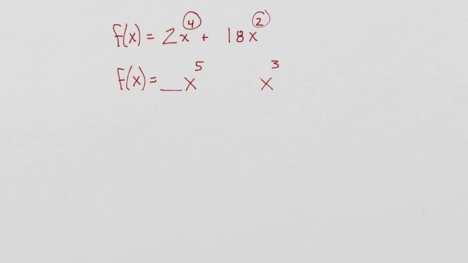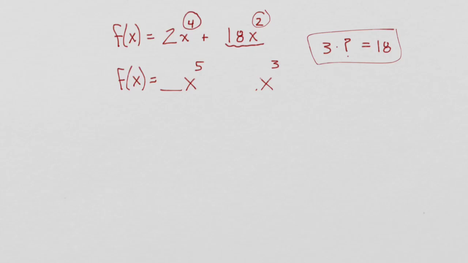And now I deal with these coefficients, and let's start with this one because this is a little bit easier. What I need to ask myself here is, and you'll start doing these in your brain, I'm just showing you the thought process involved: 3 times some constant coefficient will equal 18. This is me unpacking the power rule. I'm going backwards. So I'm saying 3 times what is 18, and obviously that thing is 6.